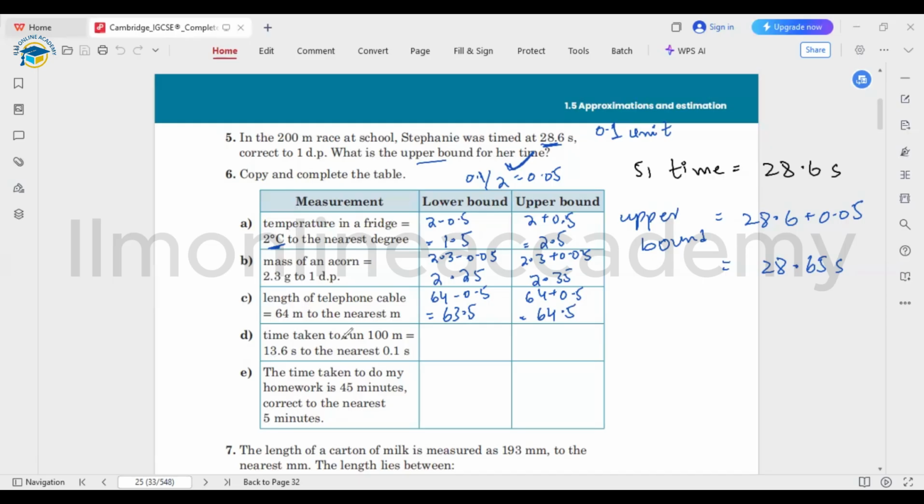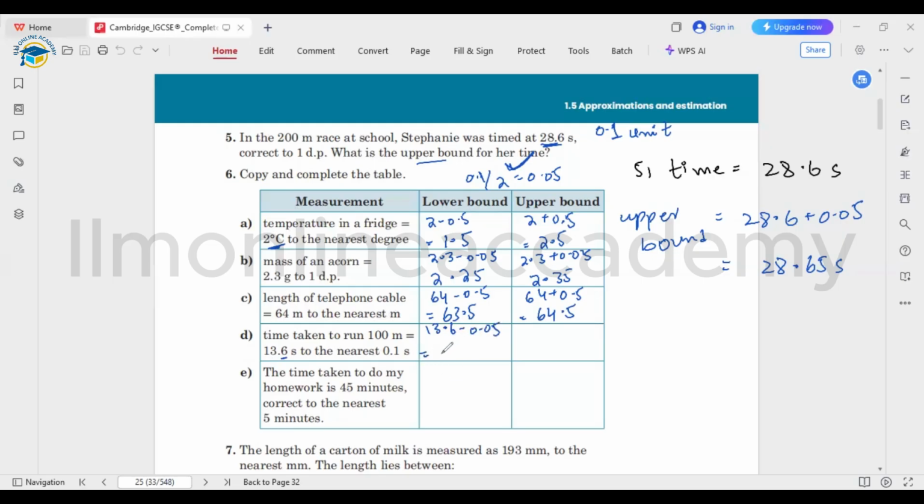Okay, next is the time taken to run 100 meters, that is basically 13.6 seconds. So to the nearest 0.1, because after the decimal point they gave us a 1 decimal place number. So what we will do, a similar unit we will be using here as well. First of all, from 13.6, we need to subtract 0.05.